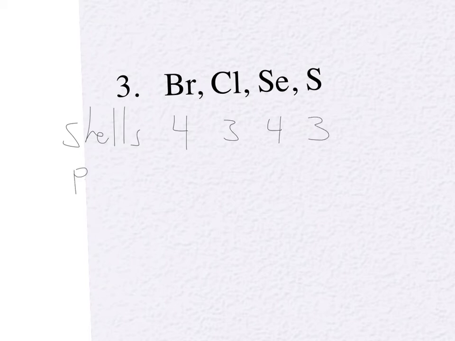And then we look at protons to get the effective nuclear charge. Bromine 35, chlorine 17, selenium 34, and sulfur 16. Okay, so remember, we count the protons, but we're still saying effective nuclear charge. We don't want to say protons.